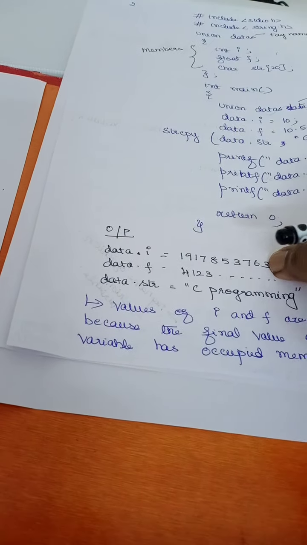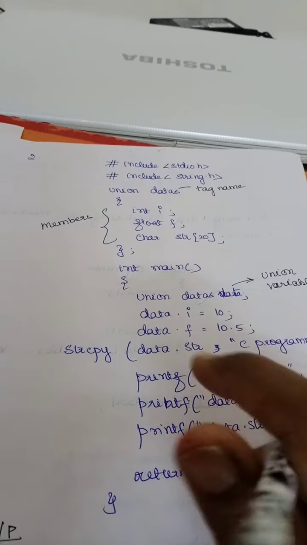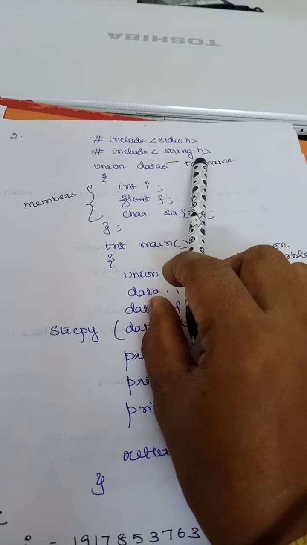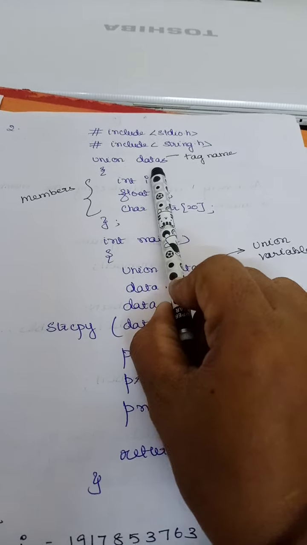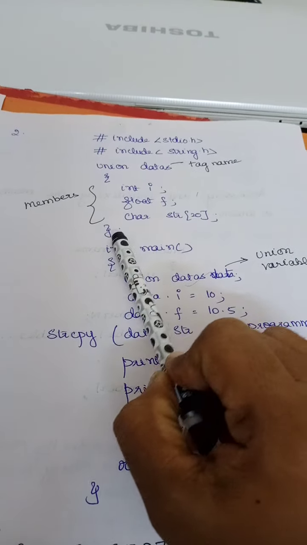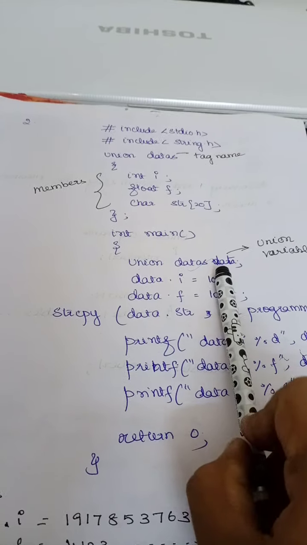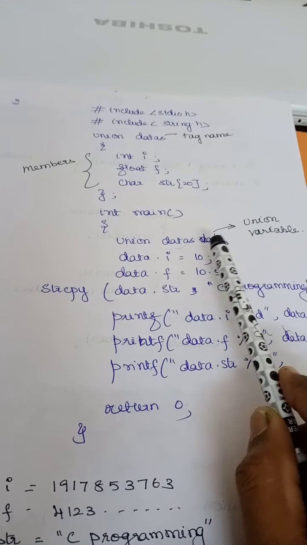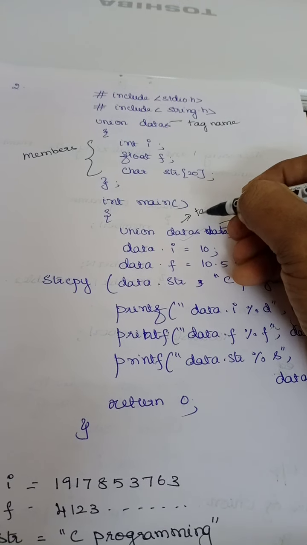Now we'll move on to another example program. #include <stdio.h>, #include <string.h>. Again we'll use the same union data, int i, float f, char str, semicolon. Now int main, here I am declaring a variable. Data is my union variable, and data is nothing but my tag name.